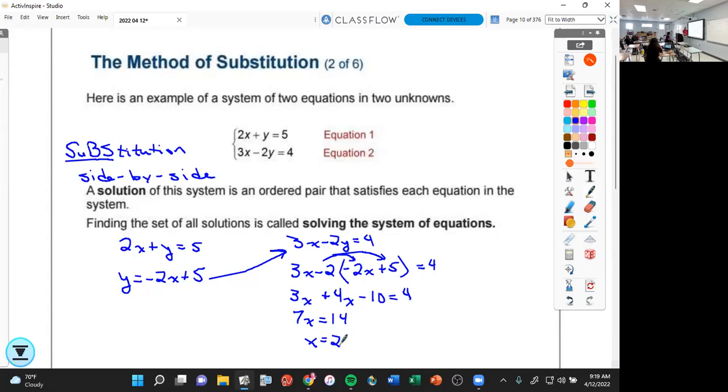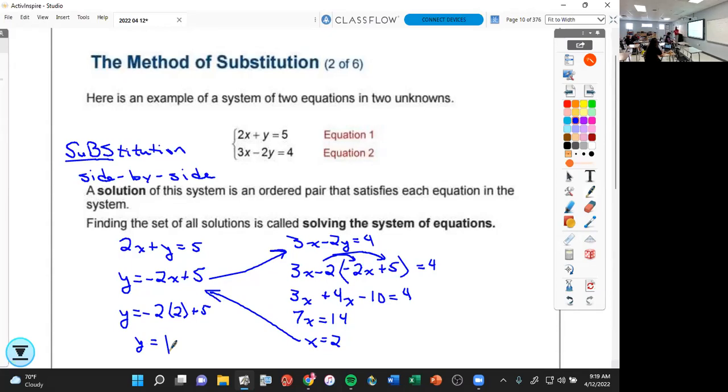And now that I know what x is, I can take that and bring it back over. This is why we write them side by side. It's so we can go back and forth between the two equations and it just flows really nicely. So y equals... -2 times 2 is -4, -4 plus 5.